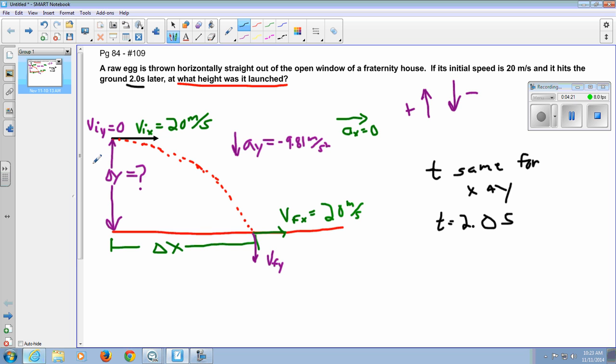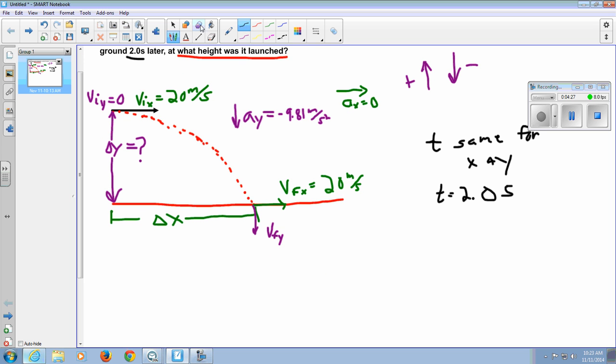So if I want to find the height that it's launched from, this is as simple as saying, okay, well, this is just the same as a dropping problem, where we just take all of our y component information. In the y direction, what do we have? We have an initial velocity in the y direction. That's 0. We have an acceleration in the y direction. That's negative 9.81 meters per second squared.